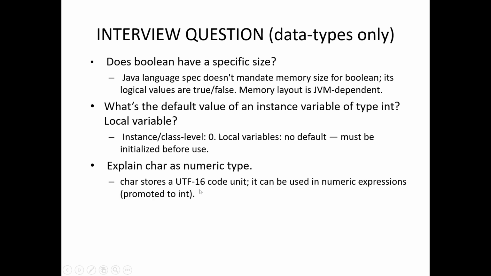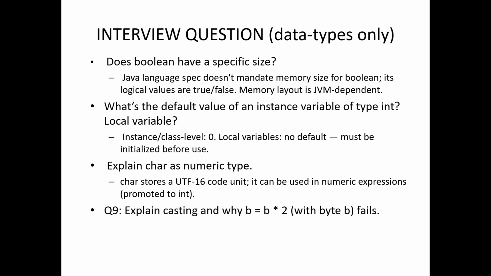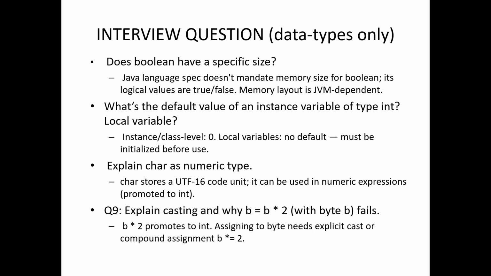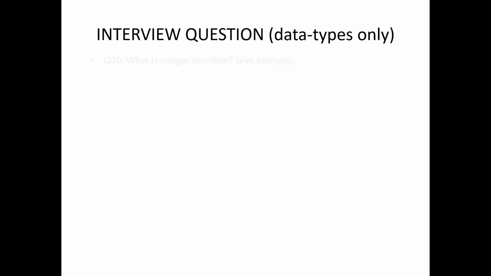Explain whether char is a numeric type. A character stores a UTF-16 code unit and can be used in a numeric expression, converted to int. Explain casting and why b = b * 2 fails. We recently checked: it is treated as an integer data type, so for assigning it to the byte, we need to cast it as a byte operation, or do what we practiced.